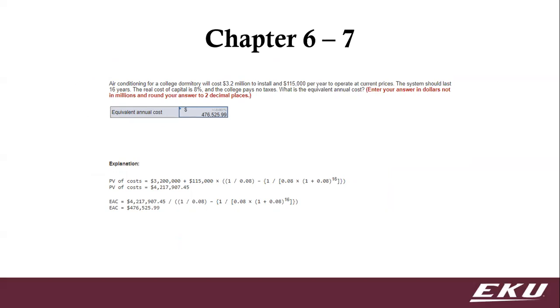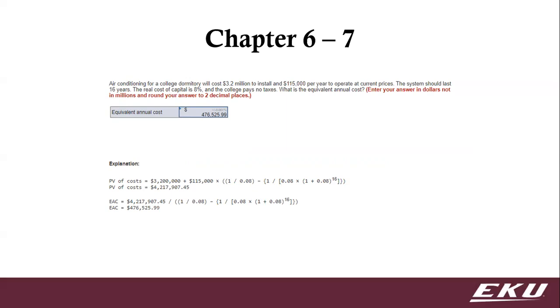We're going to pay 115 million per year, right? And so we would just calculate what is that today, right? For that 16-year cash flow. We're discounting it. Our cost of capital is 8%, so that's what we discounted at, and that tells us what the present value of that is.